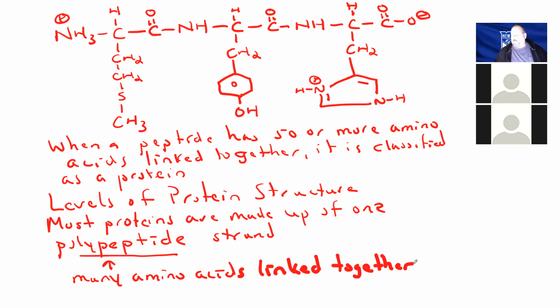Okay. And we know for essentially a protein in the polypeptide chains, you have to have 50 or more amino acids linked together. So that absolutely classifies as many. All right. So the first level of protein structure we come across is the primary level.